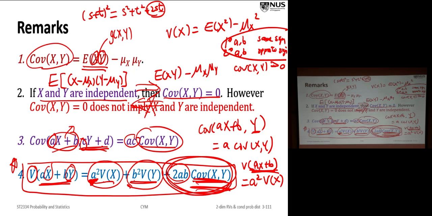But then how about the third term? It's 2AB times covariance of XY. All right? Covariance of XY is positive. So now I can choose the AB. If I choose AB of the same sign, either both are positive or both are negative, I will have a positive term. But if I choose A and B of opposite sign, then what is the sign of the product AB?